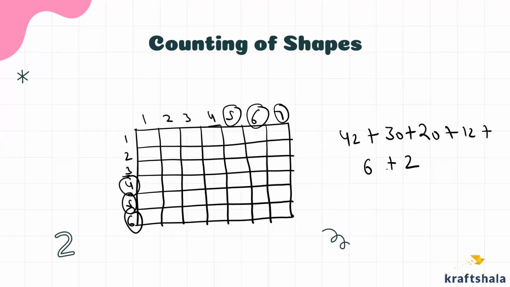So 42 plus 30, 72, plus 20, 92, plus 12, 104... the total comes to 112. Right? So your homework is to manually count them. Next to impossible. So counting of squares is simple.